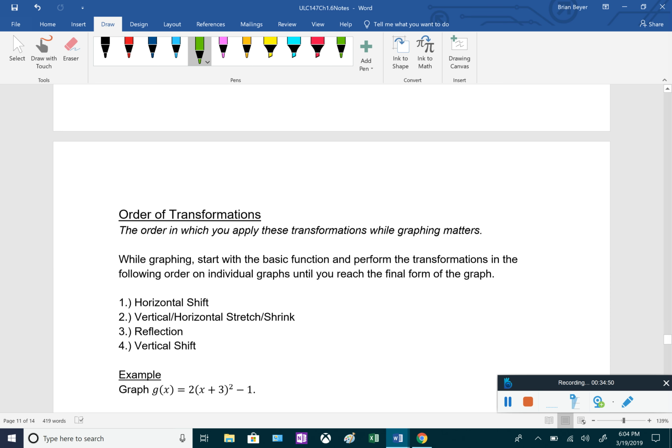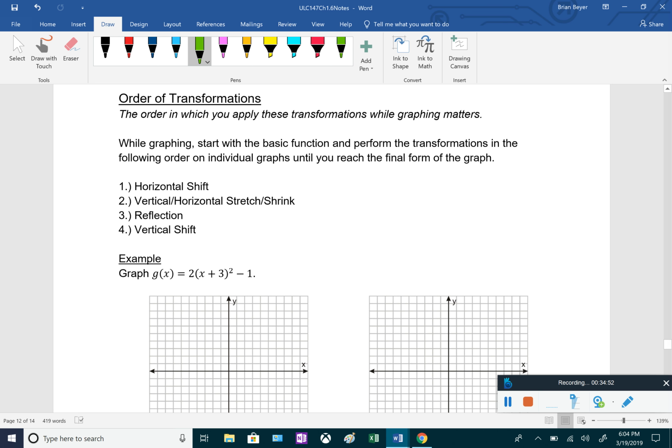Okay, so now let's start putting these together, and we'll do three examples of these transformations thrown together here. So the key thing to keep in mind here is that the order in which we apply these transformations actually matters. So I'm just going to highlight: order matters when we're graphing.